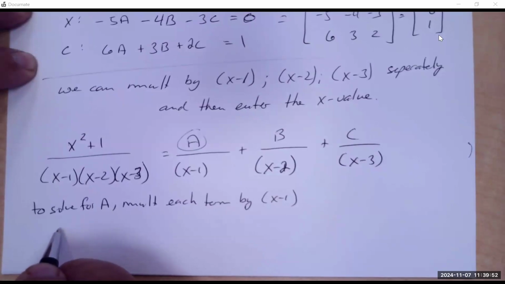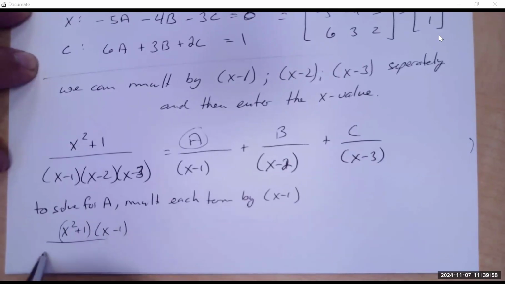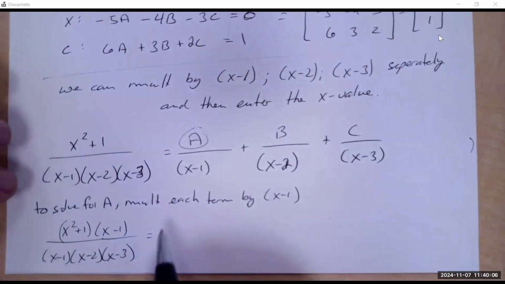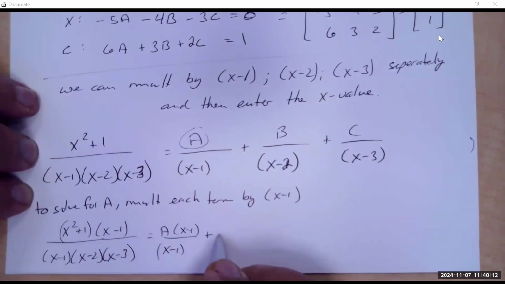So we have x squared plus 1 times x minus 1, over x minus 1, equals A times x minus 1 over x minus 1.